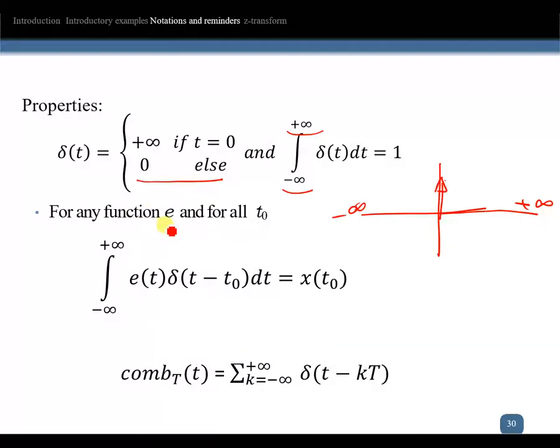For any function e(t), the integral from minus infinity to infinity of e(t) Dirac t minus t0 has the value e(t0).